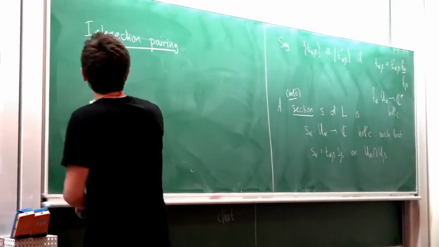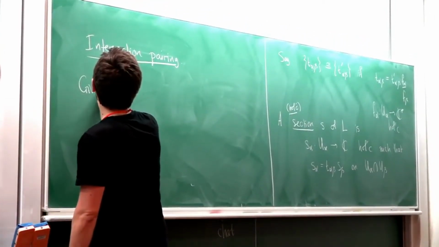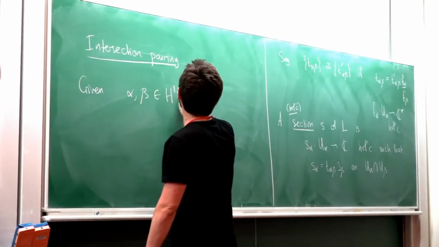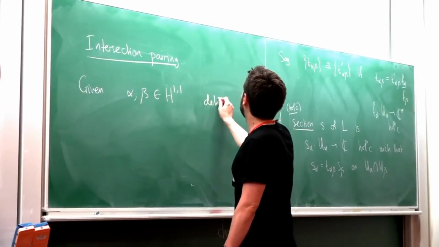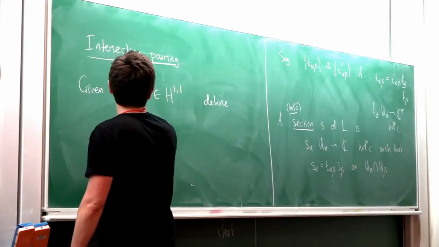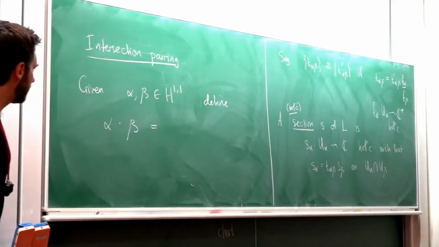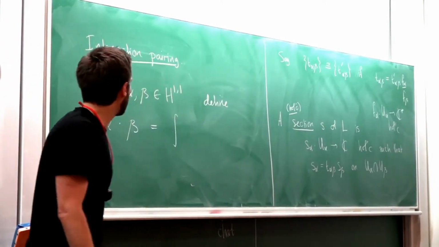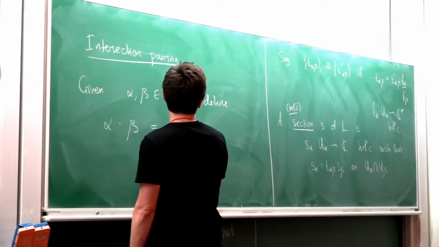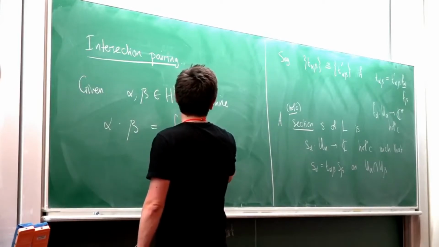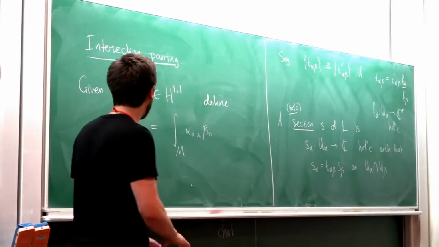So if you're given cohomology classes alpha and beta, we can define, I'll write it alpha dot beta. This is just the product. You just take, let's call it, say, alpha naught wedge beta naught, where you integrate over M.